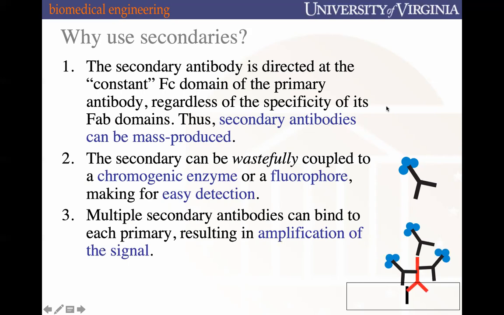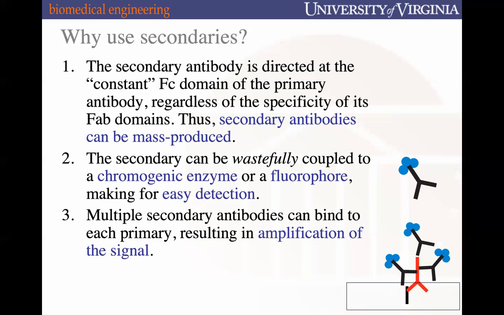What ends up happening is multiple secondary antibodies will bind to each primary antibody, and this amplifies the signal. This is a crude illustration of a Western blot, where we have our membrane with all of our proteins on it, and our protein is at this specific site where our primary antibody is bound. Then many secondary antibodies bind to the Fc region, and each secondary has either a fluorophore or an enzyme on it.